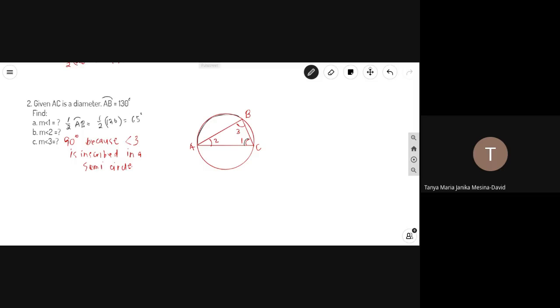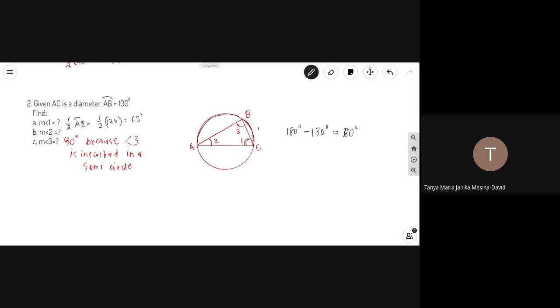Similarly, if you look at angle 2, its intercepted arc is arc BC. If the semicircle is 180 degrees and arc AB is 130 degrees, then if you subtract, 180 degrees minus 130 degrees, arc BC is 50 degrees.